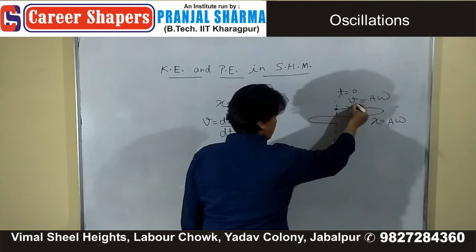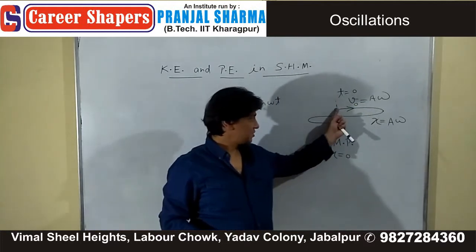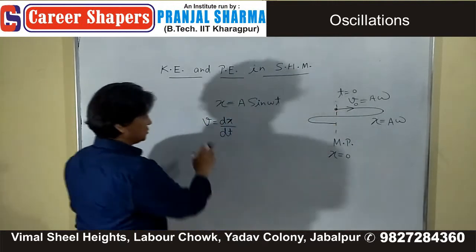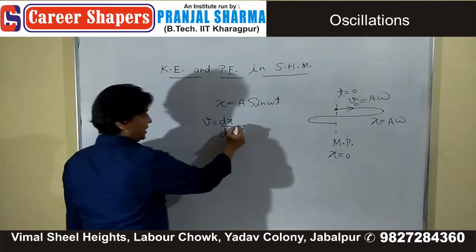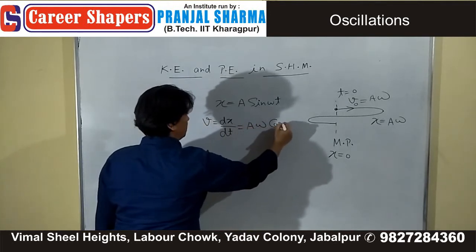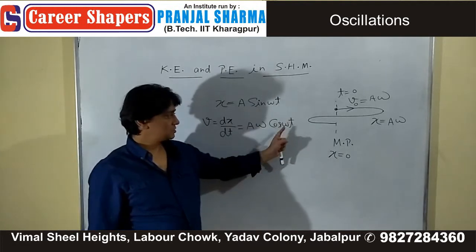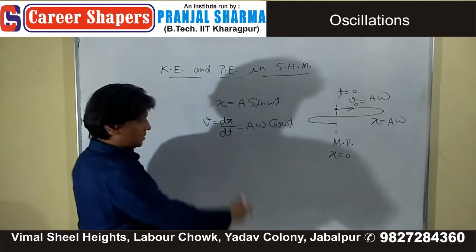If x is a sine omega t, then v is dx by dt. Let's say this is v naught, the maximum velocity at this point. So what is v? dx by dt, which is a omega cos omega t. Differentiation of sine is cos, with omega outside.